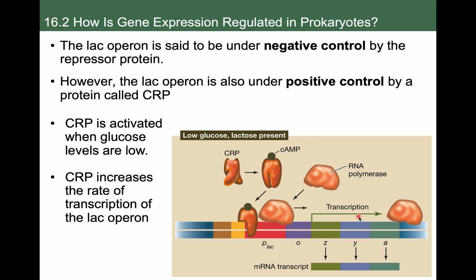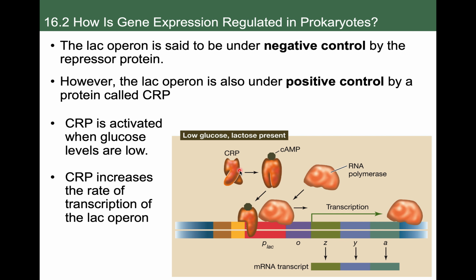And just to add one more slight layer of complexity to this, we've been talking about the repressor protein and how it keeps the lac operon turned off. Well, there's also another protein that can interact with this operon called the CRP protein, being shown here, and it is actually an activator.